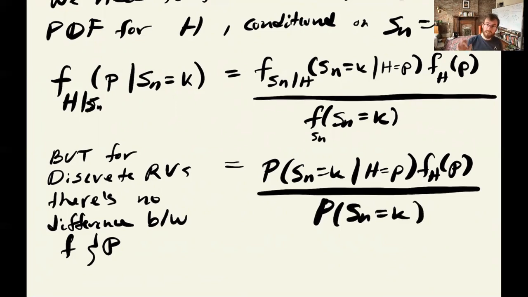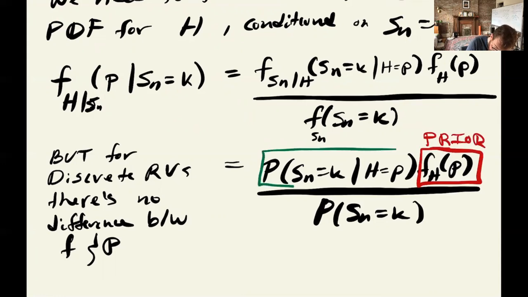So actually, we know a lot of these expressions already. So this is the usual binomial. This is our prior, but now we need to figure out what's the denominator. So just to highlight that real quickly, this is going to be our prior. This right here is our binomial.